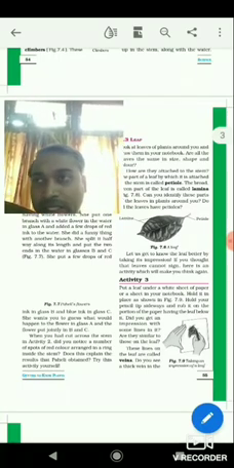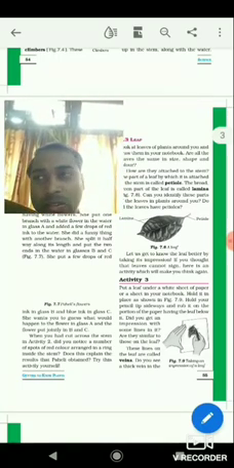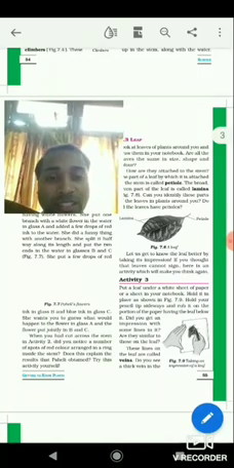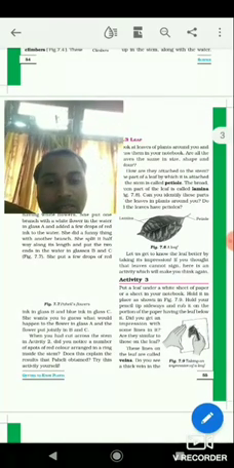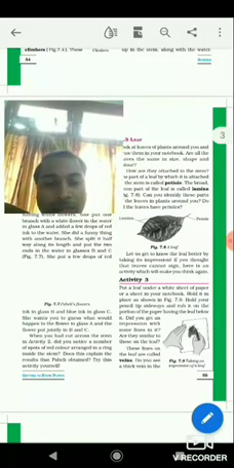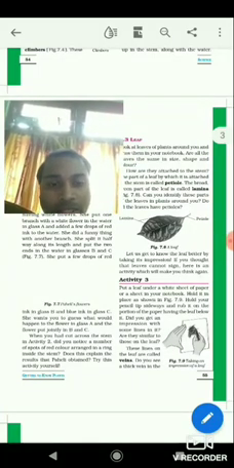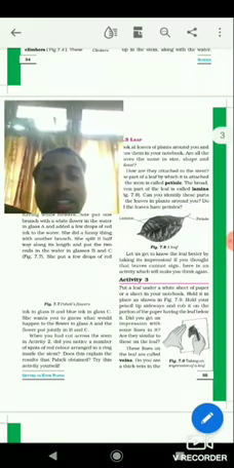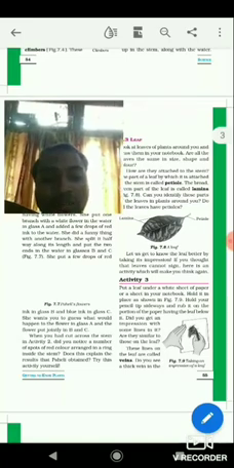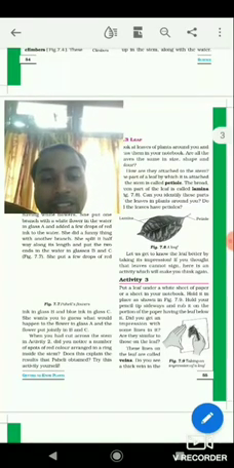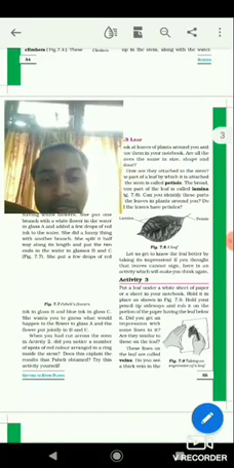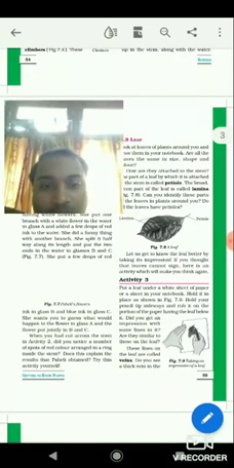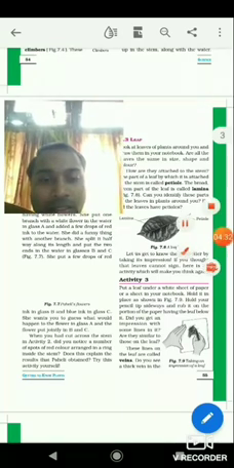Now this activity is similar to ones which most of us must have done, like putting a coin under a paper and then rubbing the paper, and then we get the impression of the coin on the paper. So this is a similar kind of experiment where instead of coin we will take the leaf and then we'll start rubbing the paper with pencil, or even you can use any ink. So this is activity 3.